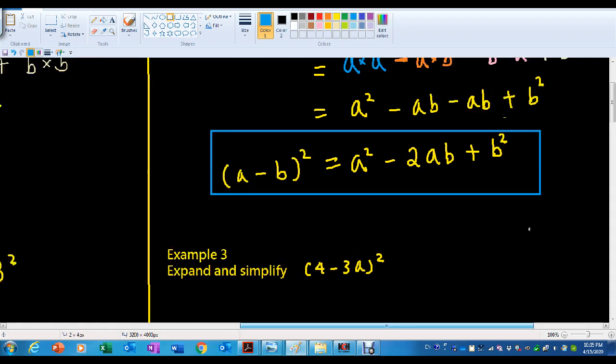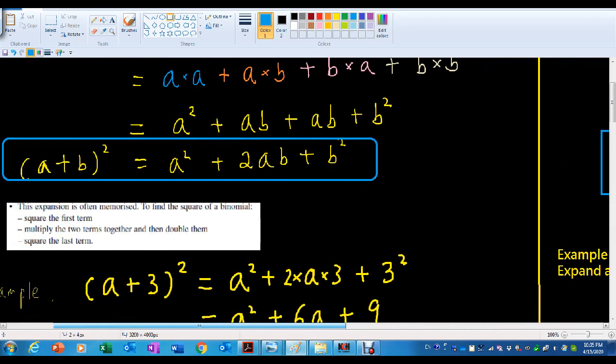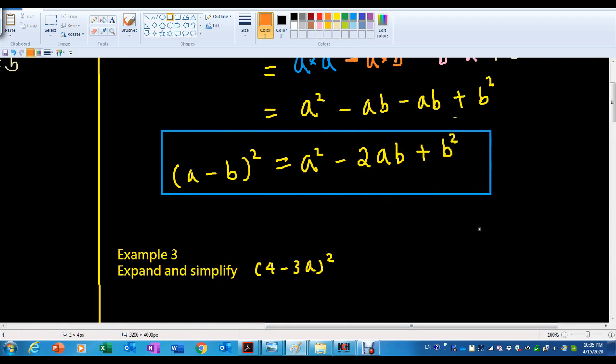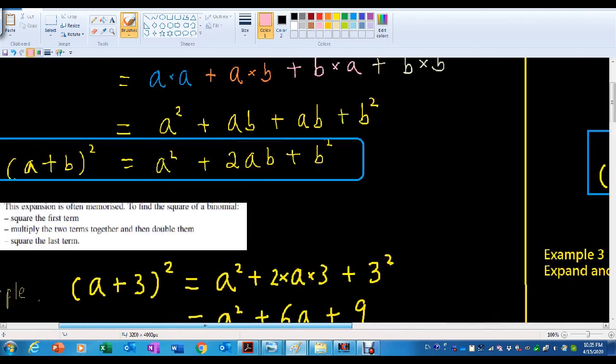All right, so when you compare with our previous result, a plus b, what's the difference? All the things are the same. a squared, b squared are the same, 2ab are the same. The only difference is for the middle term, it now becomes minus.